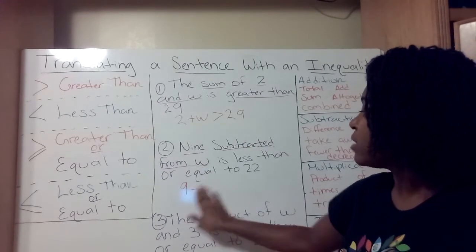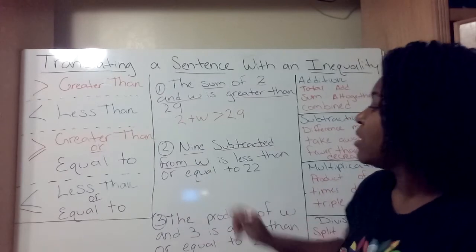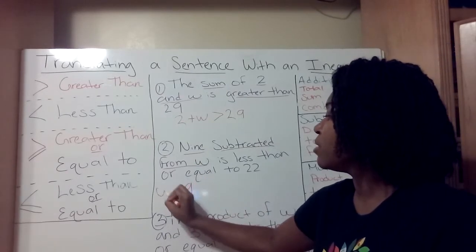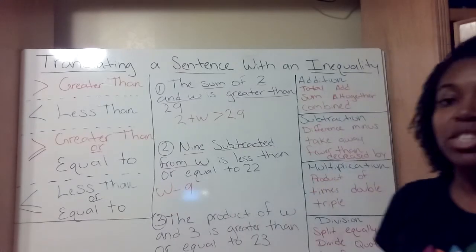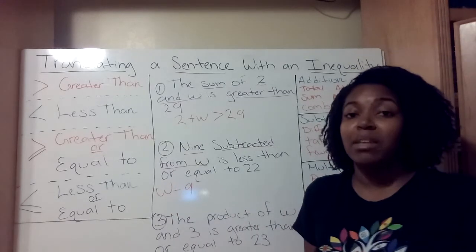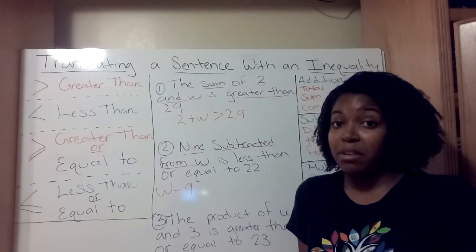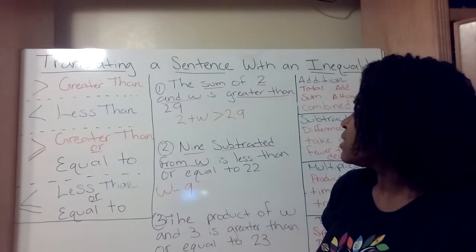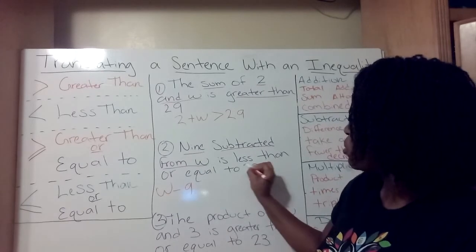What I want is 9 subtracted from W, all right? With subtraction, remember, the order does matter. So be mindful of that, all right? So this is 9 subtracted from W is less than or equal to 22.